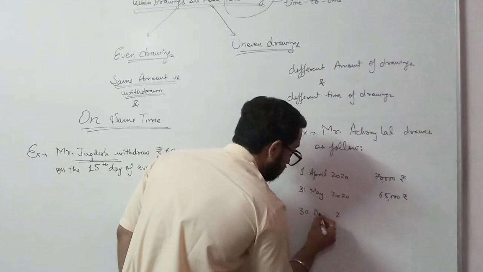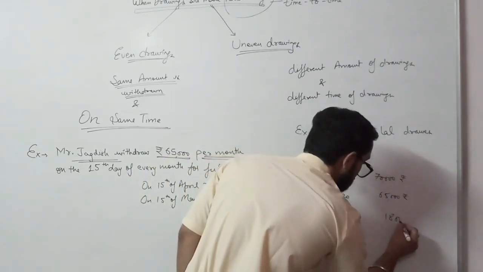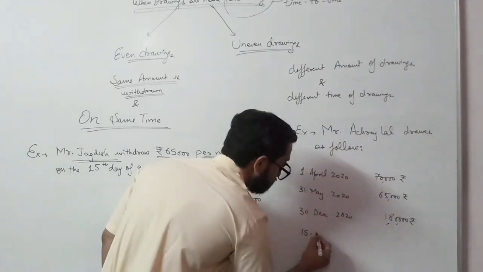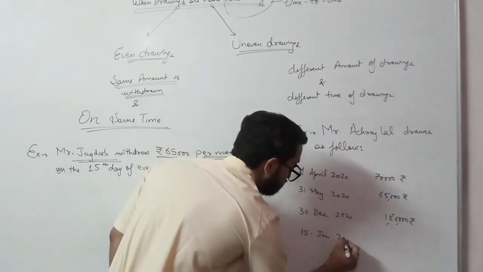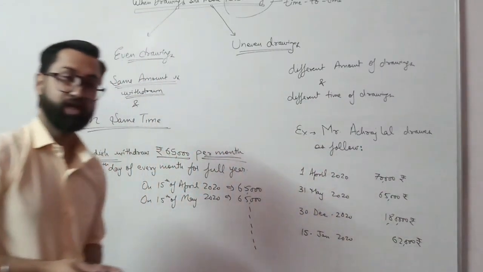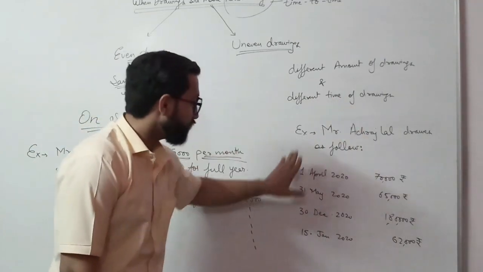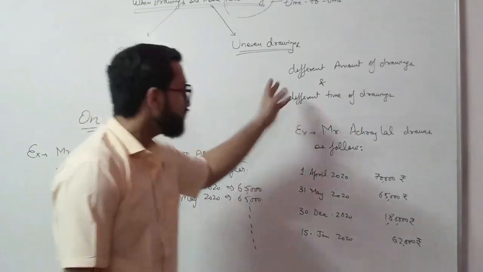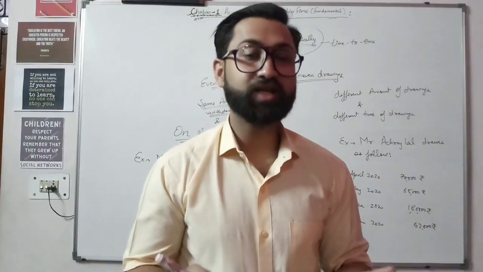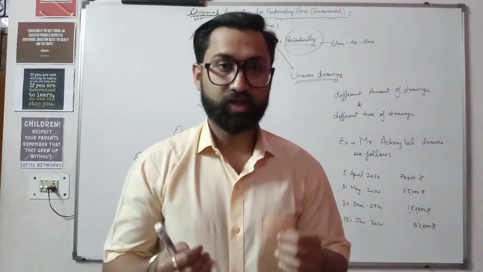On 30th of December 2020, 1,80,000 rupees. On 15th of January 2020, 62,000 rupees. Now in this case you can see that date or the time of drawings are different and the amounts are also very different. We will be discussing many cases related to even and uneven drawings in the coming part.